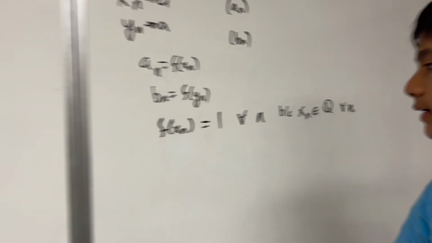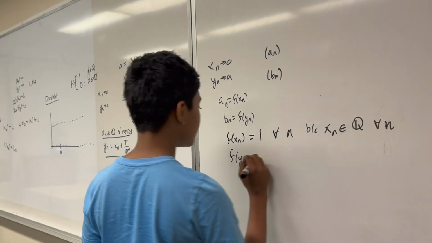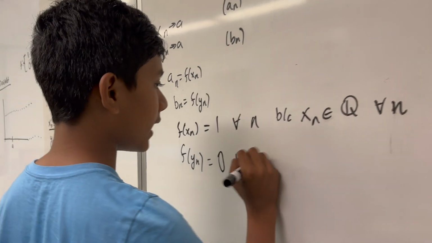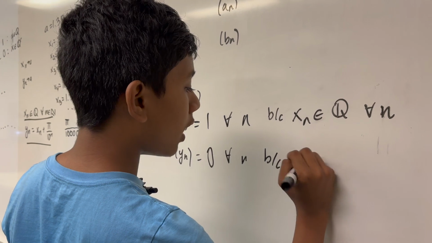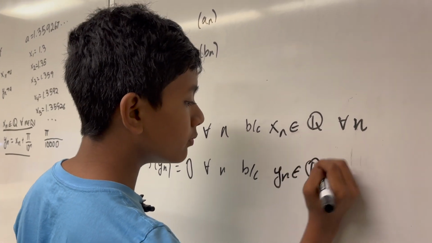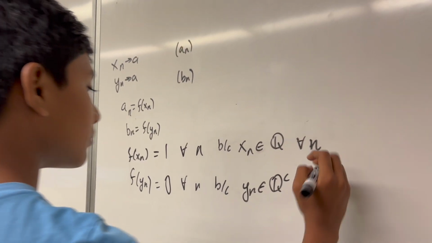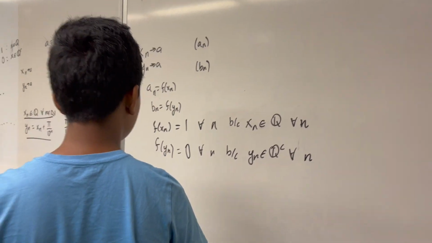Alright. And in a similar fashion, f of yn is equal to 0 for all n because yn is in Q complement, or the irrational numbers, for all n.